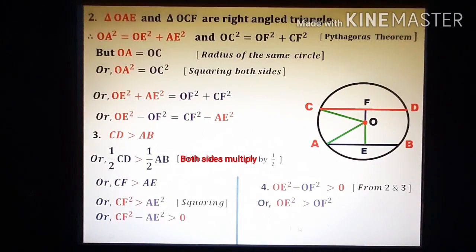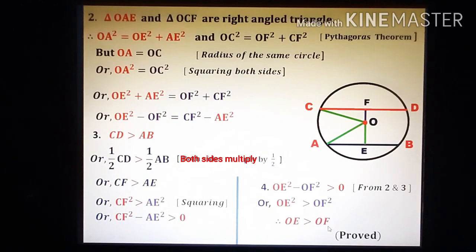So you see, OE square is greater than OF square. We got this. Now if we remove the square from both sides, it becomes OE is greater than OF. So this is what we have to prove here.